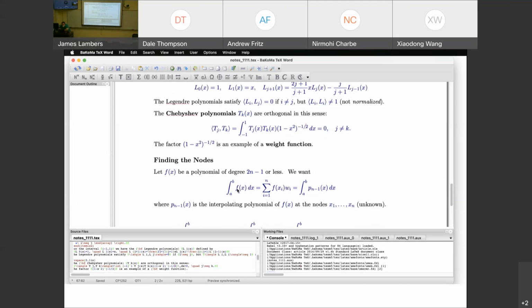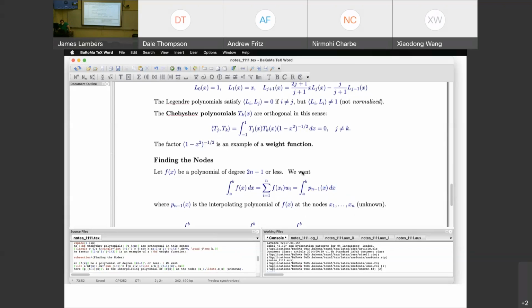That we have this polynomial, a high degree polynomial, whose integral is equal to what you get from a quadrature rule. But the quadrature rule is the exact integral of this interpolating polynomial of degree n minus 1. So just like other interpolatory quadratures, this polynomial agrees with f at n points, the n nodes, which at this point are unspecified.